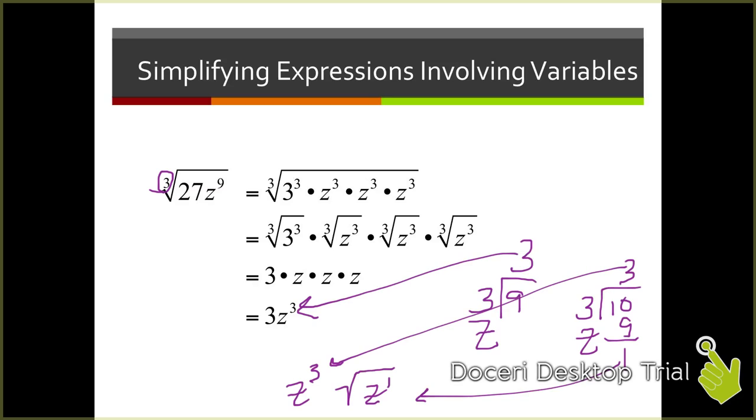So I would still have 1 z left on the inside of the radical if I have a remainder when I divide. So that's kind of a shortcut on figuring out what your factor will be when you take it out of the radical and what, if anything, will be left inside the radical in terms of the exponents on those factors.